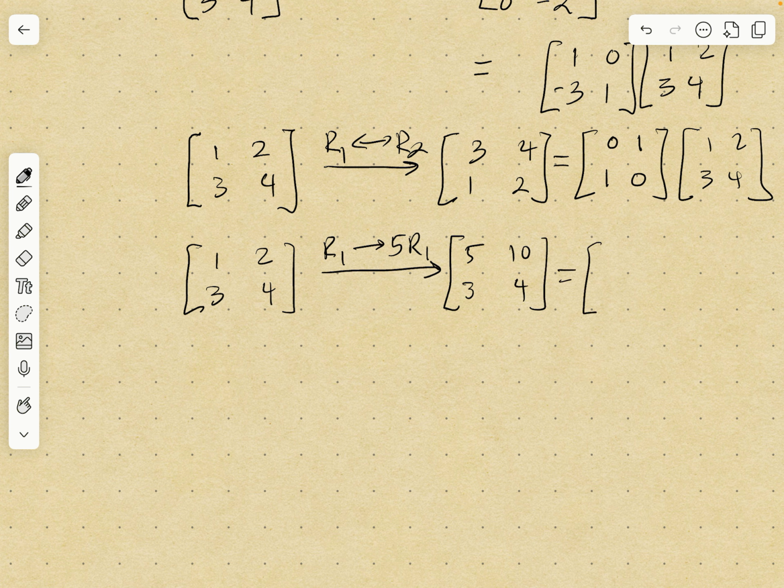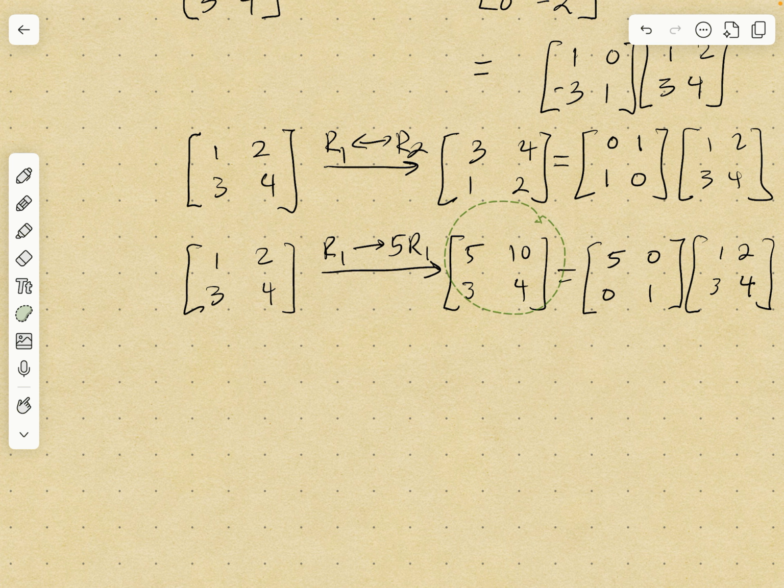And the theorem says that this is also the result if you take 1, 2, 3, 4 and multiply on the left by the elementary matrix corresponding to this row operation, which means, if you take the identity matrix and replace row 1 by 5 times row 1, you get 5, 0, 0, 1. And you can check that, again, the product of these two matrices is in fact that matrix.